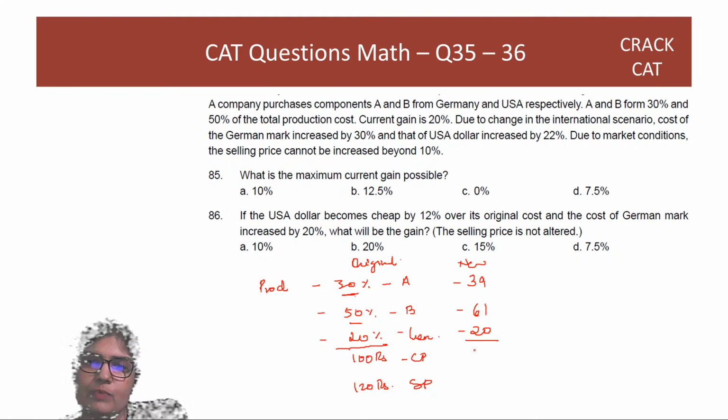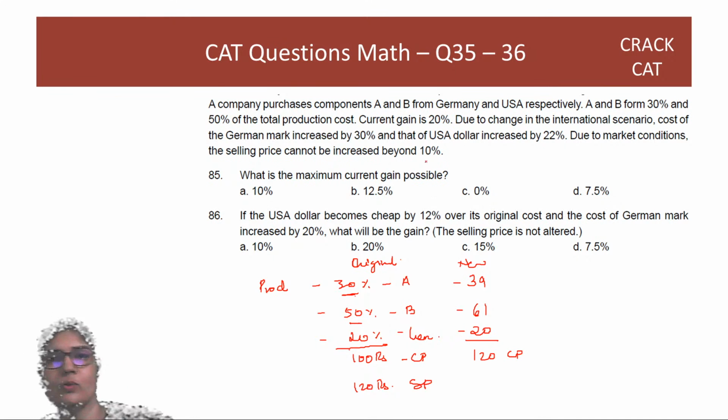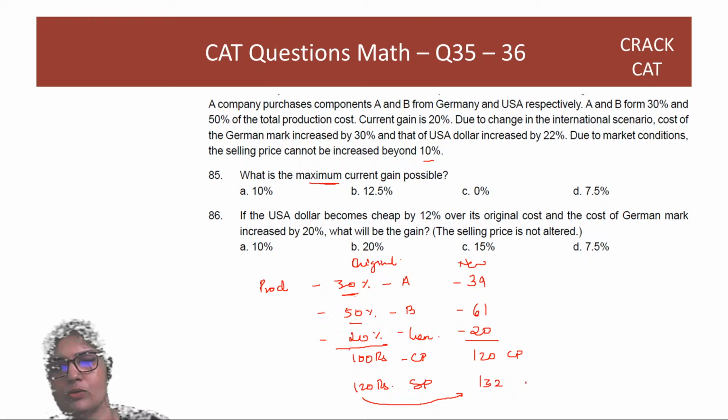So your new cost price is 120 rupees. Now selling price you can only increase by 10%. So to maximize gain, right? You want maximum current gain. You will increase it by the maximum possible. So your selling price आप 10% से बढ़ाते हो तो becomes 132. So your profit is 12 on 120, which is 10%. Answer is option A.